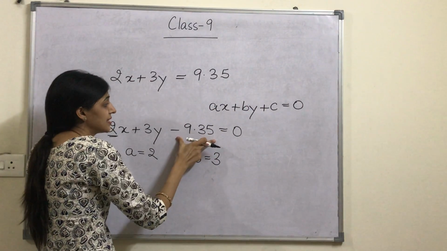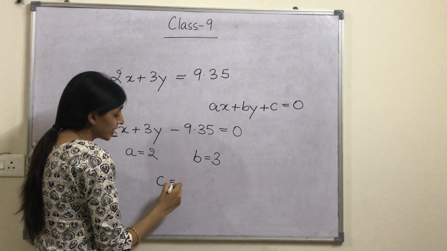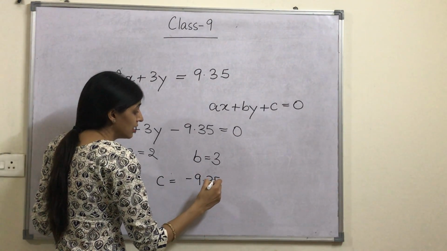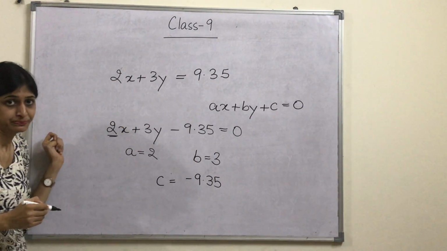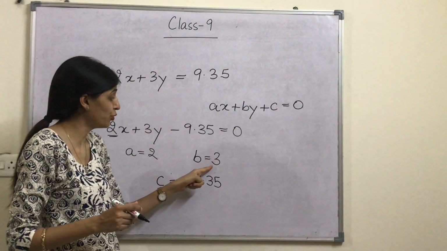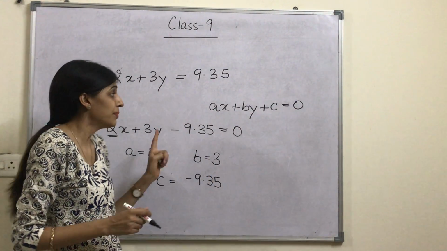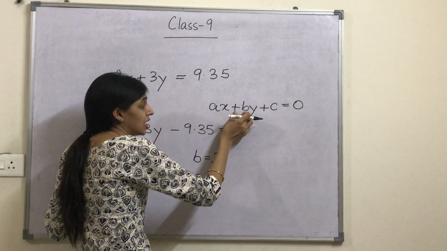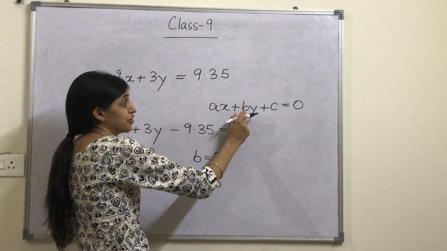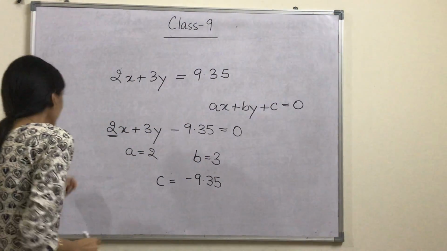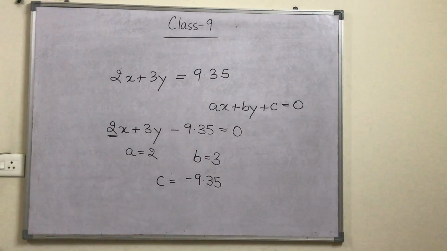Whatever is there is c. Don't forget to take the sign along with the term. Always, if there is a negative sign, you have to put a negative sign over here, because this is the general form. This is a plus sign here. If there is a negative in the coefficient of b, you have to put a negative over here. Right?